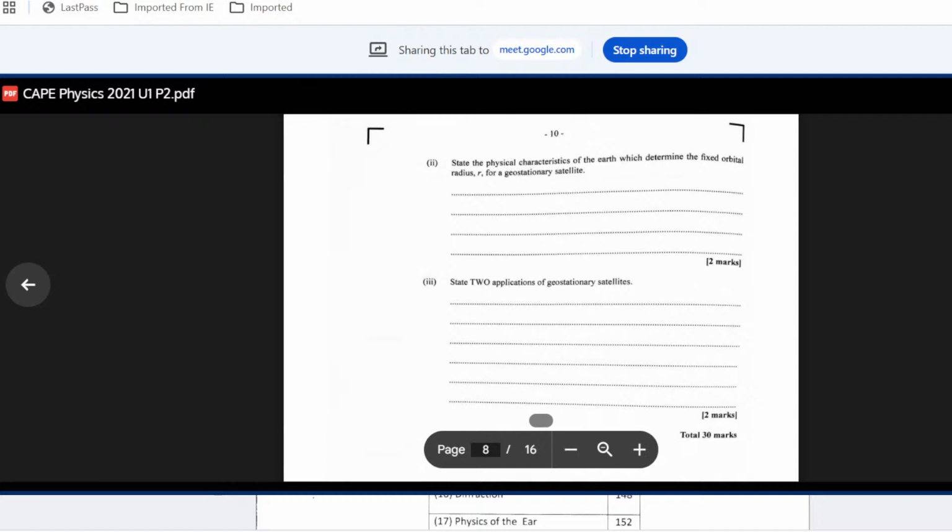Yeah, so the Earth's mass. In the chat, Aaron said the mass and the gravitational force. So the Earth's mass and gravitational strength.